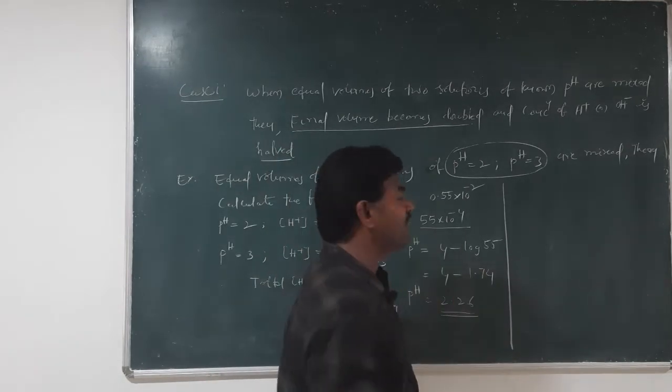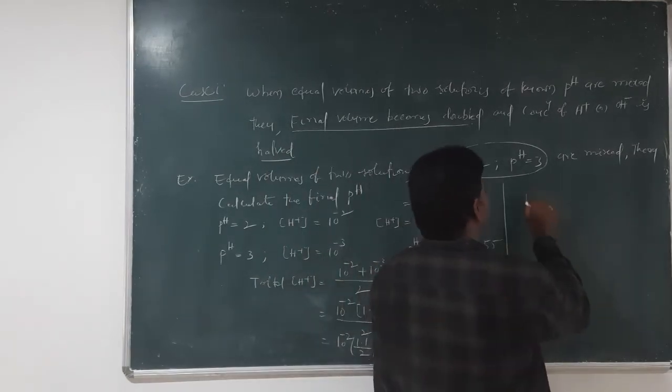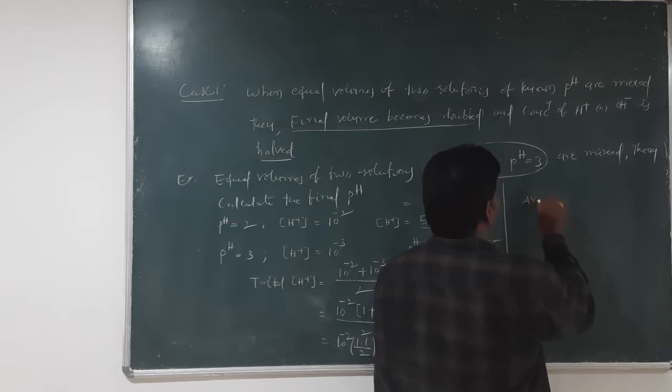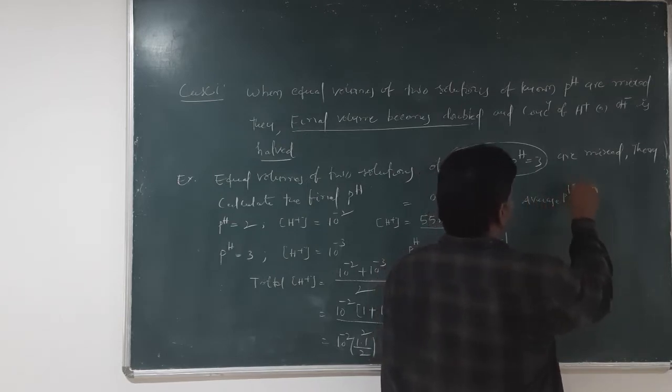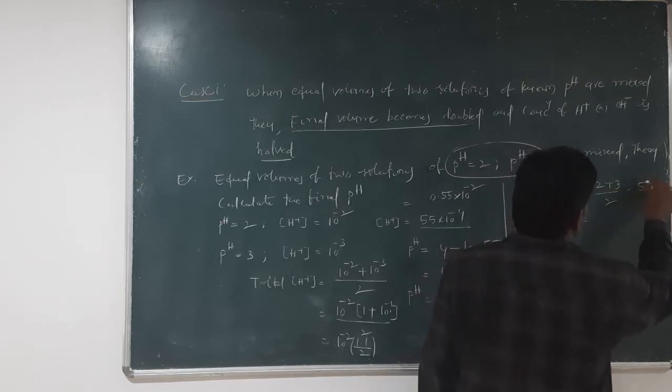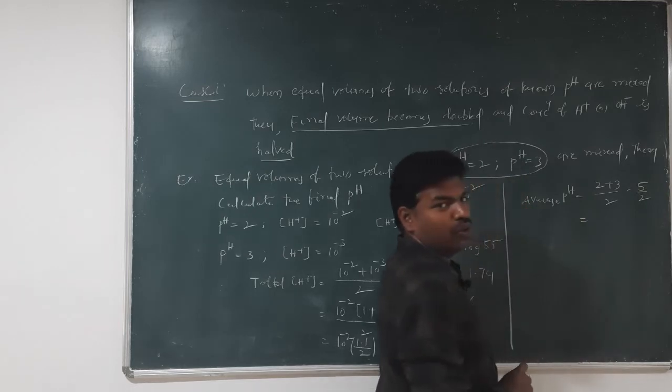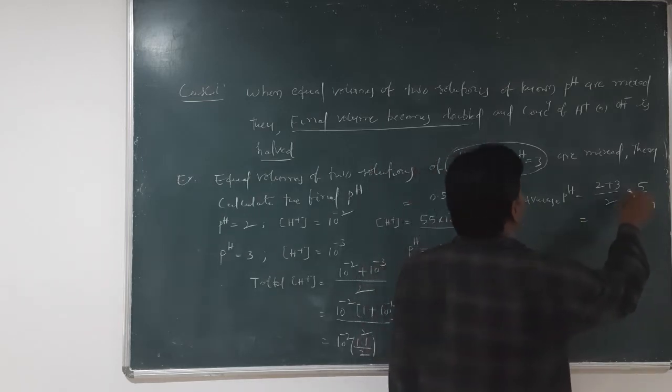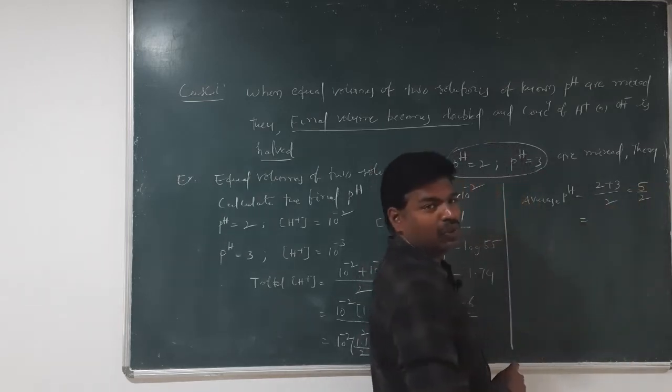In such a case, take the average pH. So the average pH is 2 plus 3 by 2, so it is 5 by 2, which is 2.5.